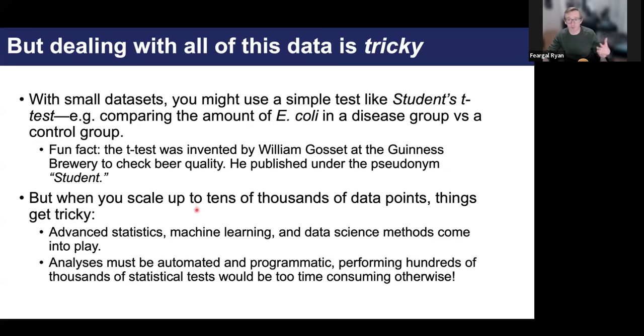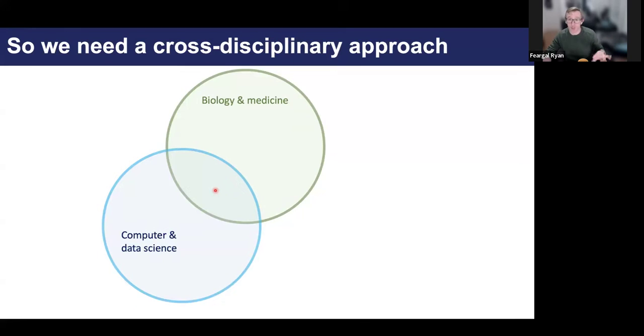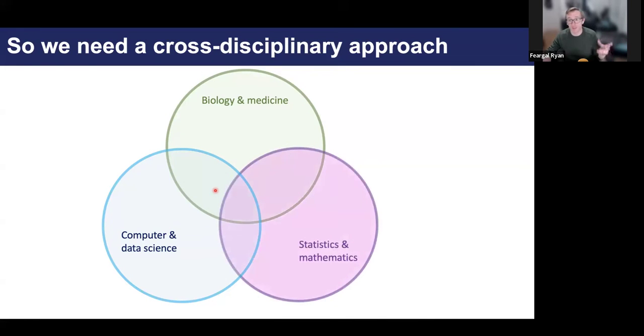You need to start applying more advanced techniques because you end up with weird artifacts and signals coming through when you measure that many different things. And so that means we need what's called a cross-disciplinary approach, where we can take someone that has expertise in biology and medicine, and then they're able to use stuff from computers and data science to programmatically automate statistical tests to be able to answer questions, okay?